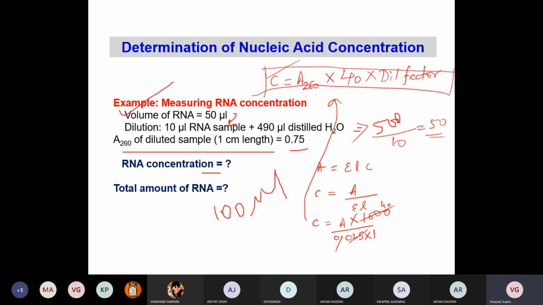Sir, A into 50 into dilution factor. Yes, you are right.